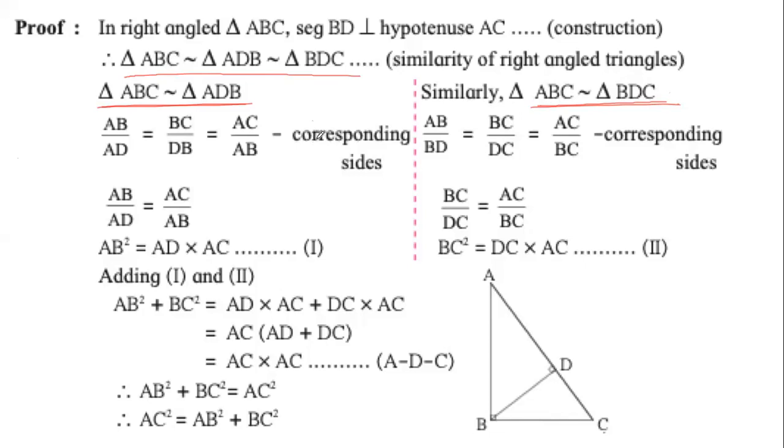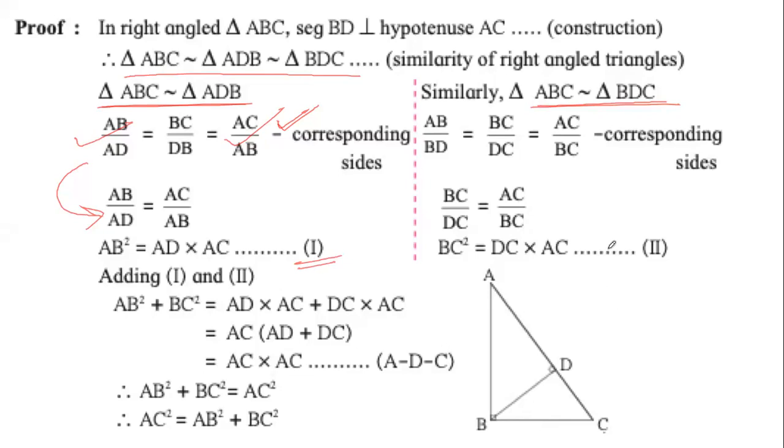Because these triangles are similar, the corresponding sides will be proportional. We will not take all the three sides, we will just consider these two, this one and this one. Using cross multiplication, AB square comes to AD into AC.